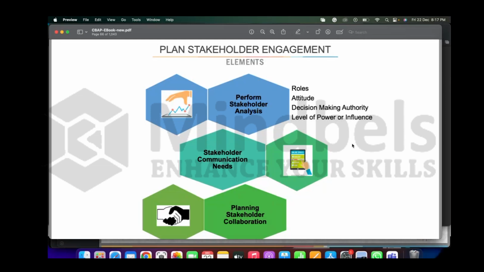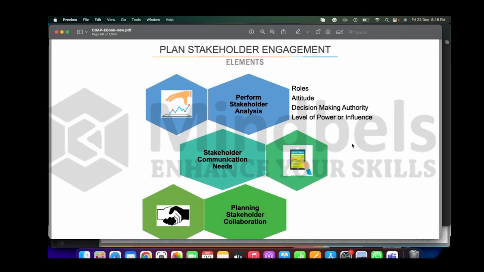When we say communication needs, it is not only telephone, email, chat, fax, or whatever mode of communication you're planning. It's also important how well you communicate with them, how the governance is in place, and what measures you take to keep the customer or stakeholder aware of each and every activity, task, and job responsibility.